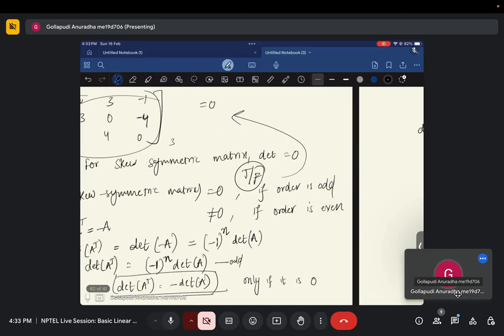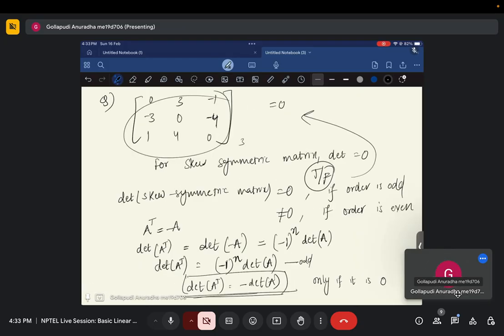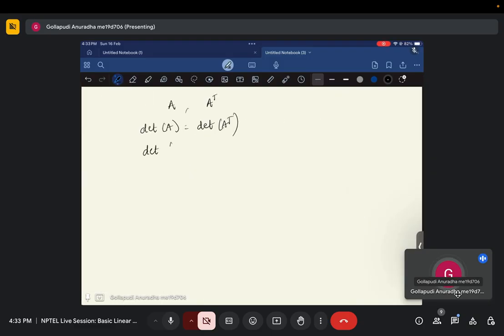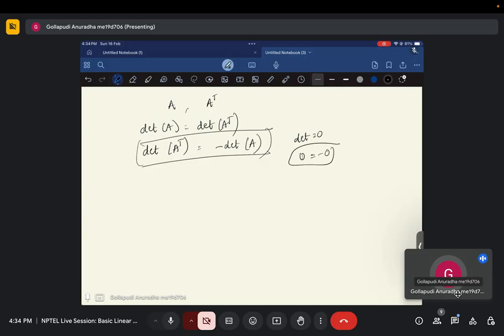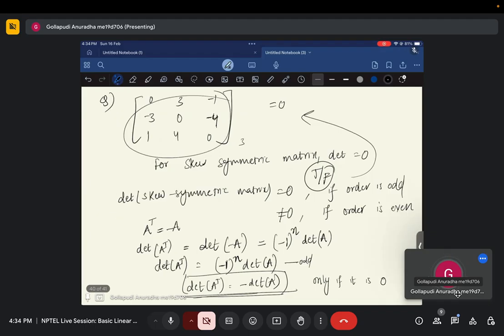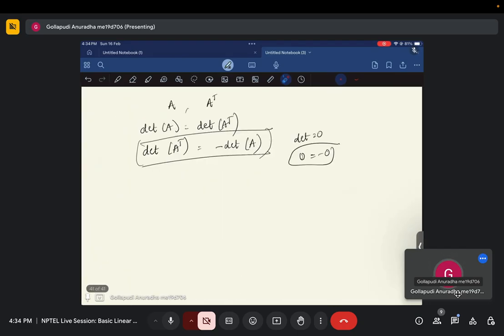But in this case you are getting determinant of A transpose as minus determinant of A, and this is true only if determinant is 0, like 0 is equal to minus 0. This is because the order is odd. But if the order is even, then determinant of A equals determinant of A transpose, both are the same, so that's a true statement, and it can be any value.